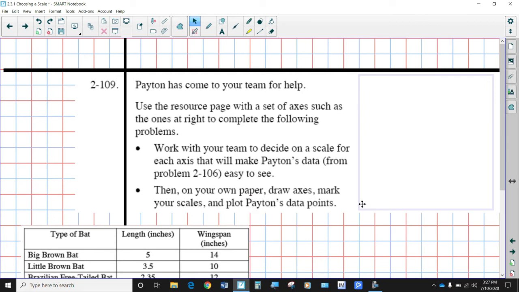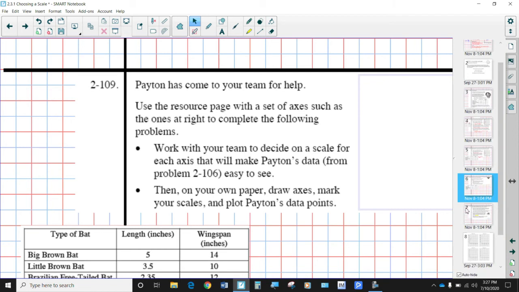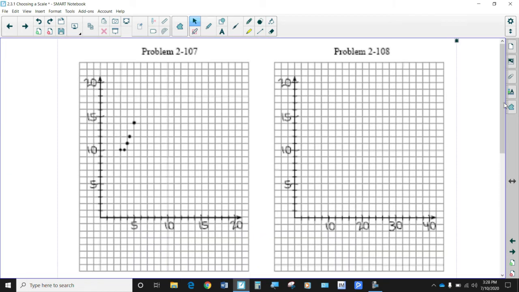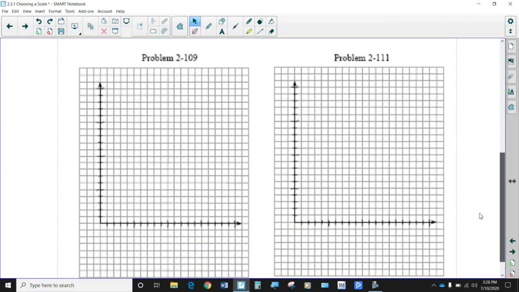So you can decide, but I'll give you a little hint. I decided to have every 4 tick marks be 1. So for this next one down here, you've got room to go 1, 2, 3, 4. So this would be 1, and this would be the 1/2 mark. This would be 1 1/2, and this would be 2. There's enough room to fit that in there to count by quarters.